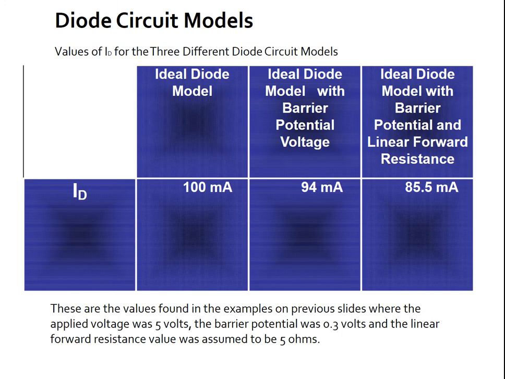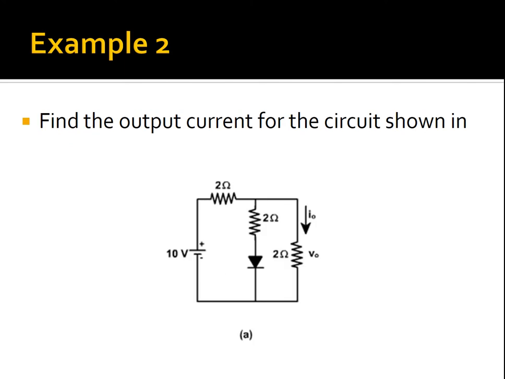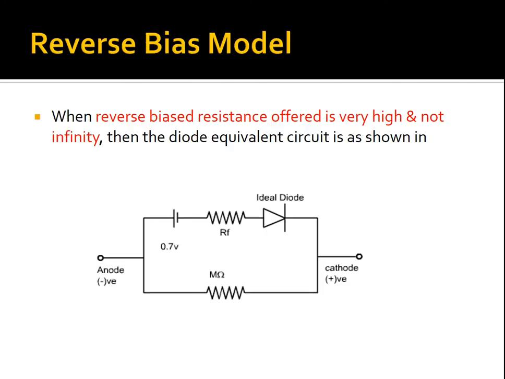There are examples which we are going to solve in the online session. The last point is the reverse bias model. In the reverse bias model, ideally, we were considering that the reverse bias resistance is infinity.